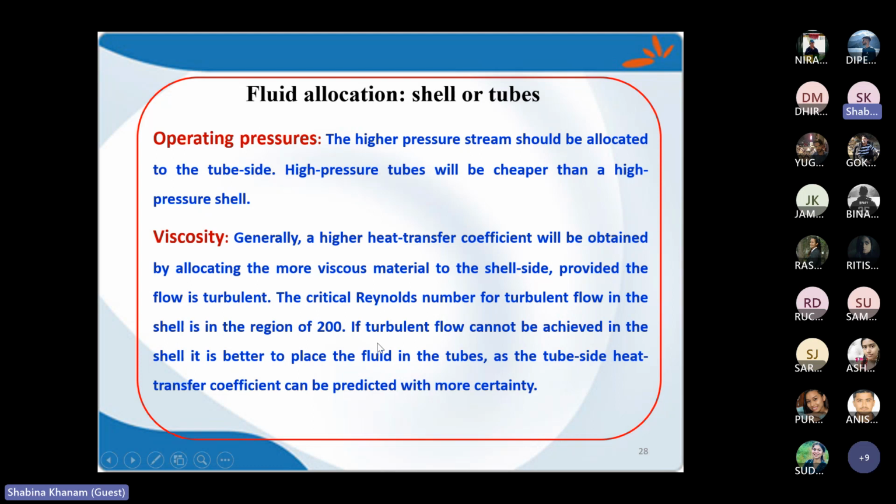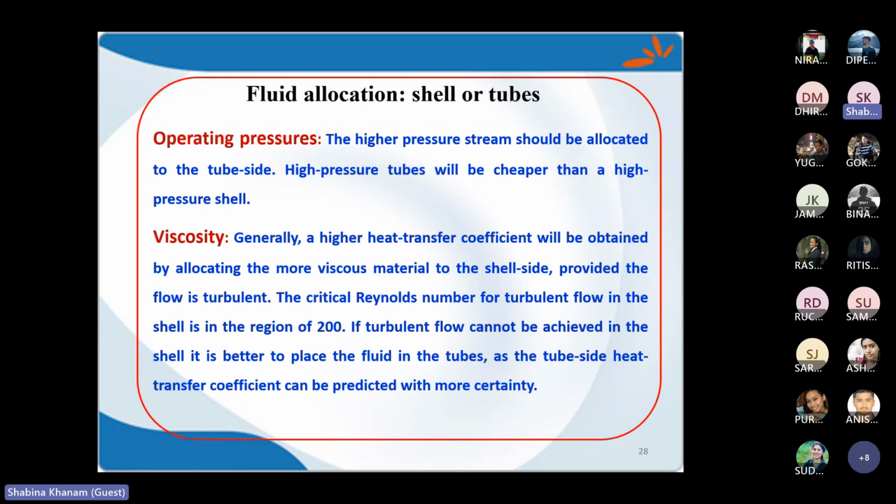And when we consider the geometry of the shell side, critical Reynolds number for turbulent flow will be only 200. However, if you consider straight pipe, straight tube, there you get turbulence at around 4000 or so Reynolds number. Laminar is up to 2100.